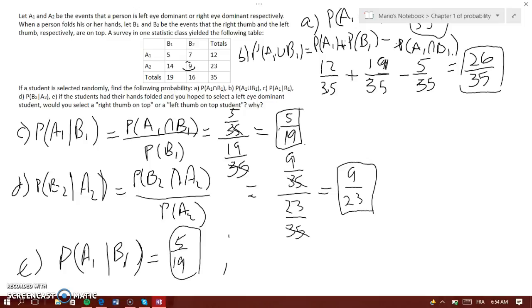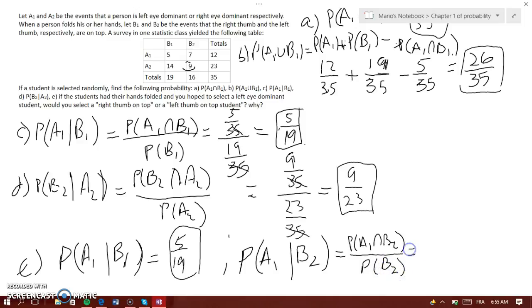So we have to find, given that a person is left thumb on top, B2, would you select a person who is left eye dominant, A1? That would be the probability of A1 intersection B2 over the probability of B2, which would equal 7 out of 35 over B2, which is 16 out of 35.